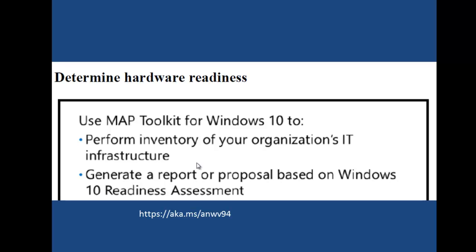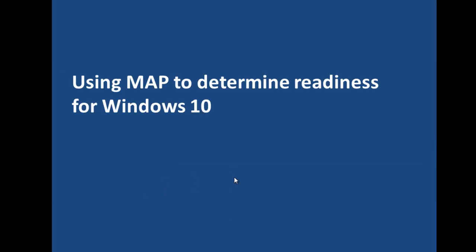The report will tell you whether or not your computer is ready for the installation of Windows 10. The tool is called MAP, and it determines the readiness of your system for the installation of Windows 10.